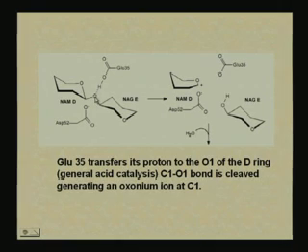What happens is glutamic acid 35 donates its proton, and in the event it becomes COO minus. What happens is the cleavage of the C1-O1 of NAM occurs and it forms an oxonium ion that, due to the proximity of the aspartic acid 52, is stabilized transiently by charge-charge interactions.